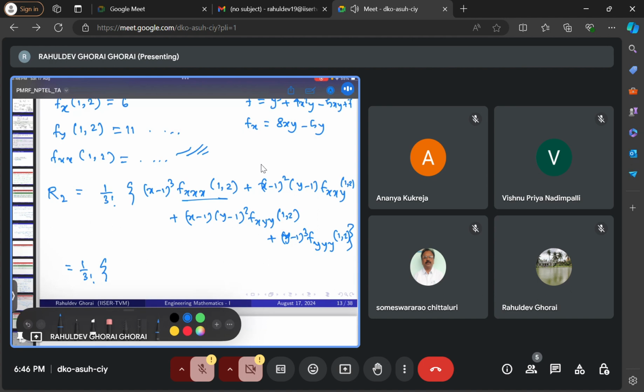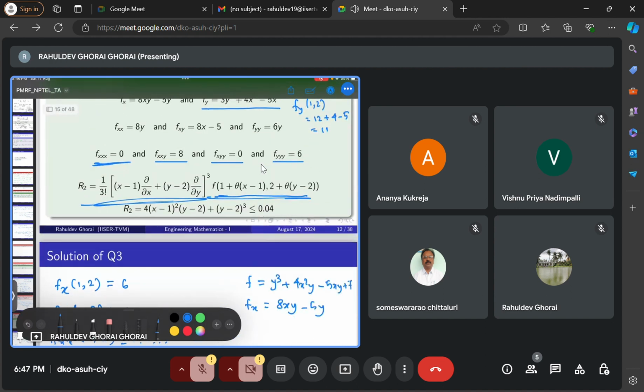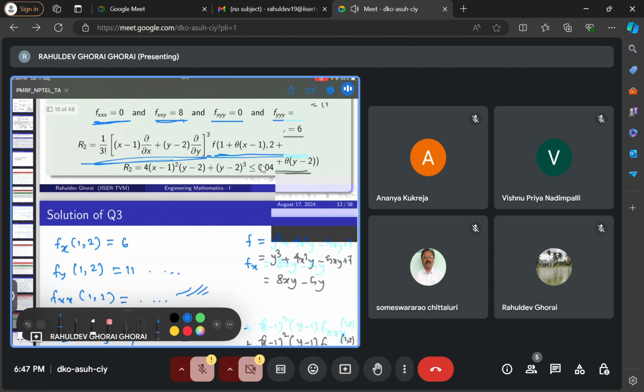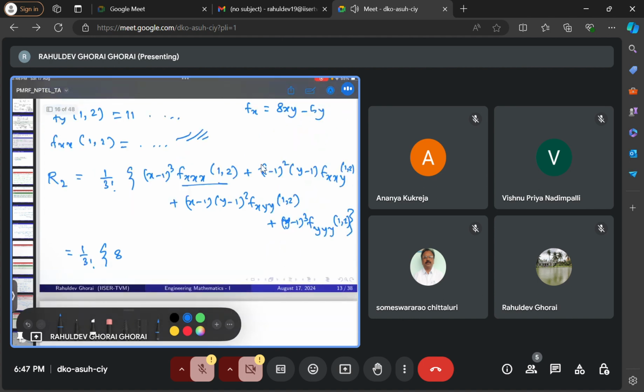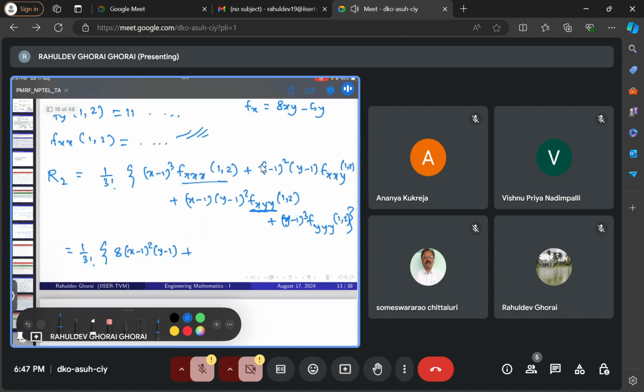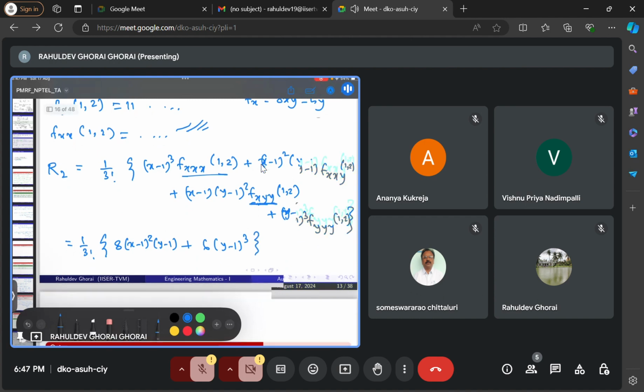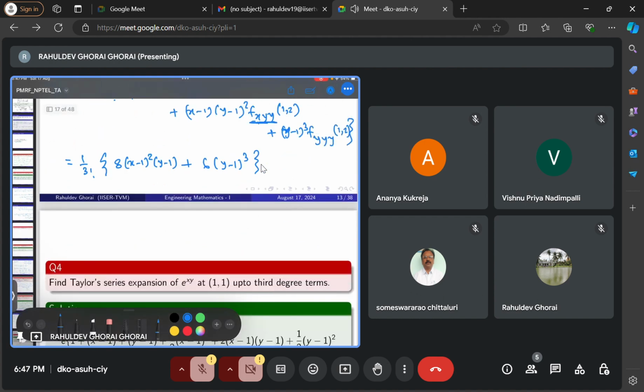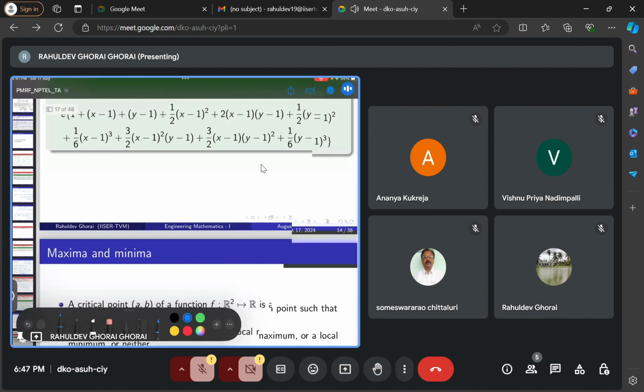Then fxxy, that is 8, so it will be 8 times (x minus 1) whole square (y minus 1), plus fxyy is also 0, and fyyy is 6, plus 6 times (y minus 1) whole cube. That is your error.